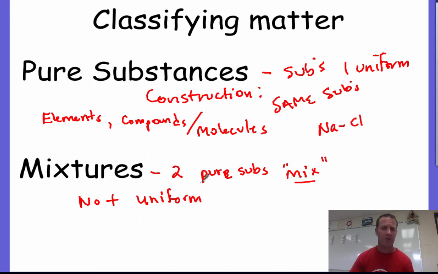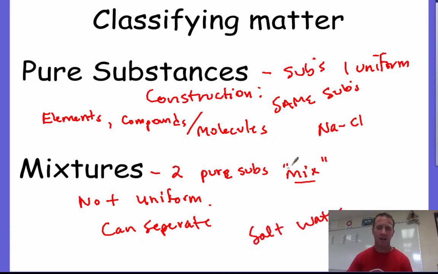An easy way to tell if it's a mixture is, can you separate it easily by any non-chemical means? For example, salt water would be a great example. Salt water is a hard one because it's a liquid and it looks like it's the same substance throughout, but really it's salt and water. You can separate those. If you let the water evaporate, you'll be left with salt. So that's a mixture.